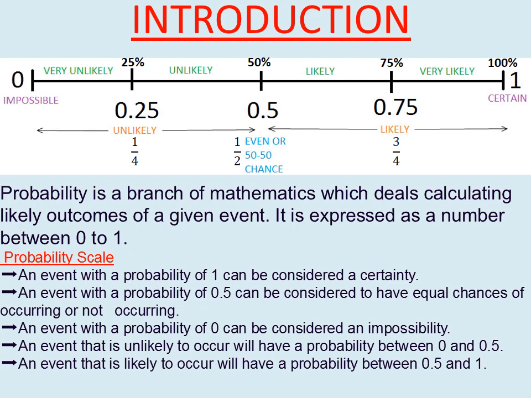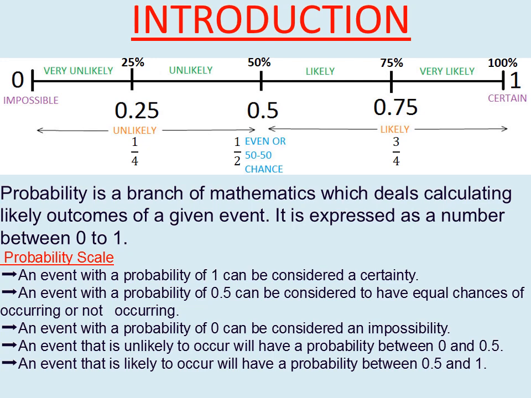As we say, probability is a branch of mathematics which deals with calculating likely outcomes of a given event. It's expressed as a number between 0 and 1. On a probability scale, an event with a probability of 1 can be considered a certainty. An event with a probability of 0.5 can be considered to have equal chances of occurring or not occurring.